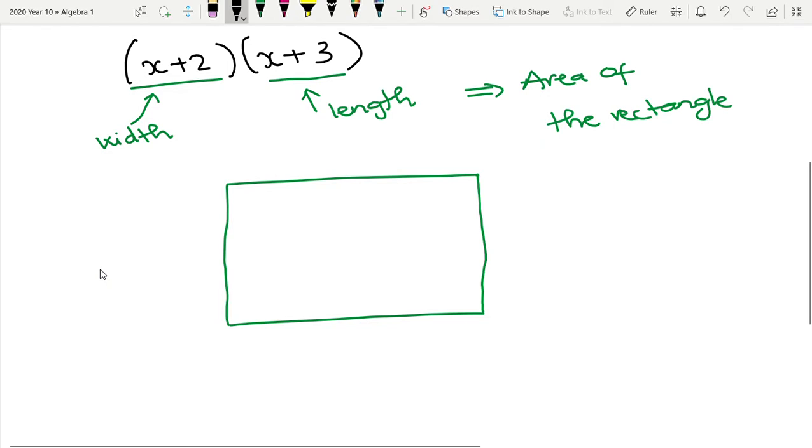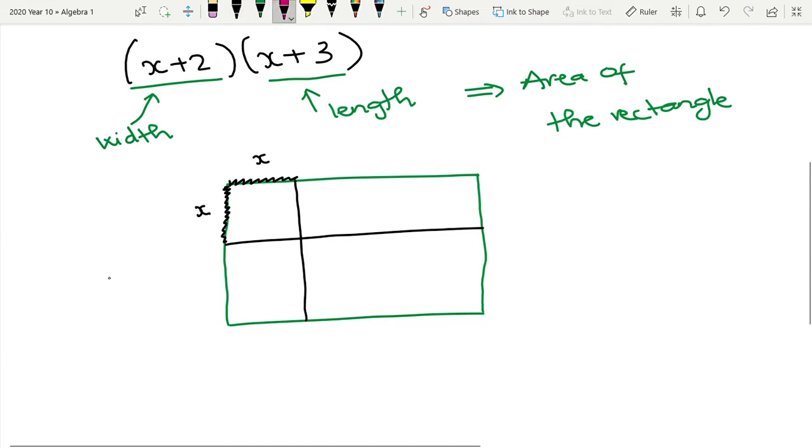So I'm going to divide this rectangle into pieces, and I'm going to label things. So I call this from here to here x, for sure, right? And this from here to here is also x. You can clearly see the first shape is a square, or it's just a special rectangle.